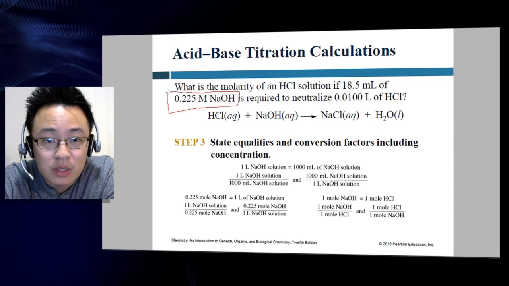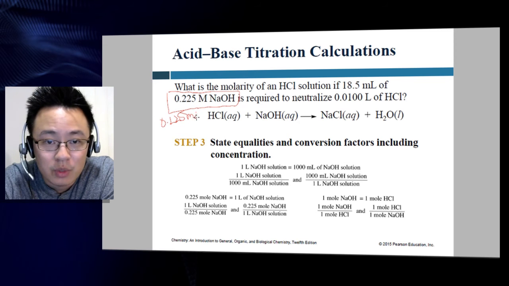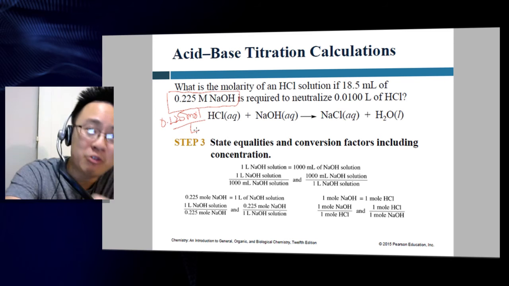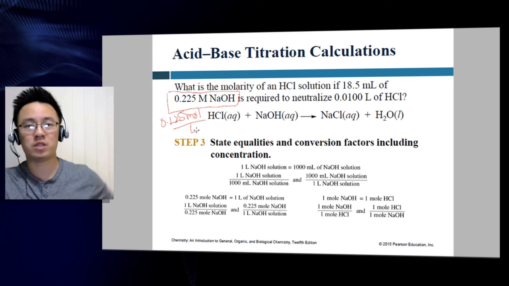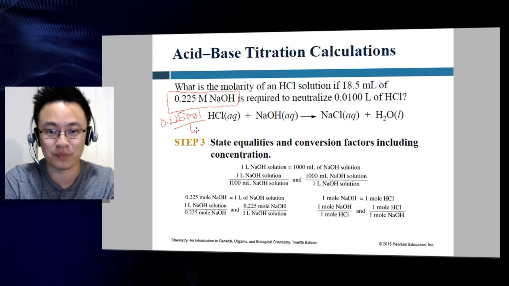This is 0.225 moles per liter. So therefore 1 liter of sodium hydroxide is equal to 0.225 moles of sodium hydroxide, because it's given to us in the problem.